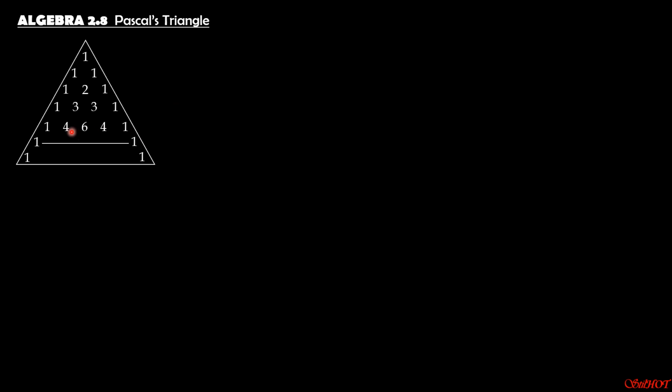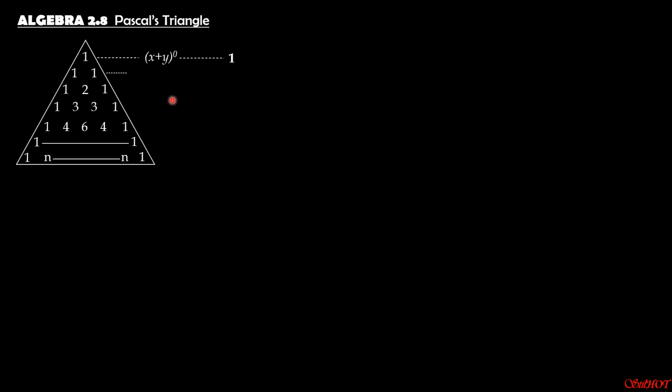So notice that the second and the second to the last numbers are equal to n. So again, this one here is quantity x plus y raised to 0, because any value inside raised to 0 is 1. So for instance, 2 plus 3 quantity raised to 0 is 5 raised to 0. That's why it is 1.